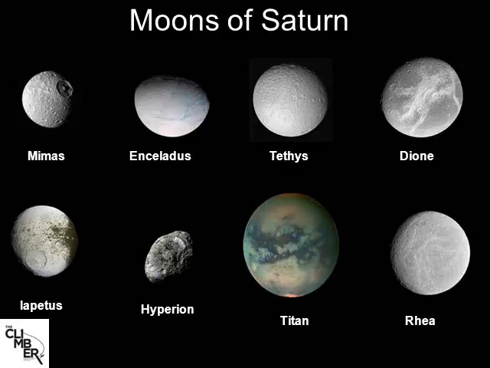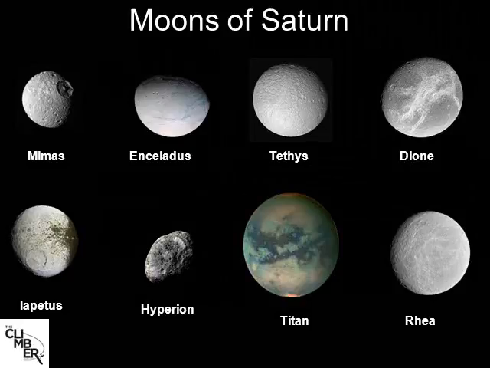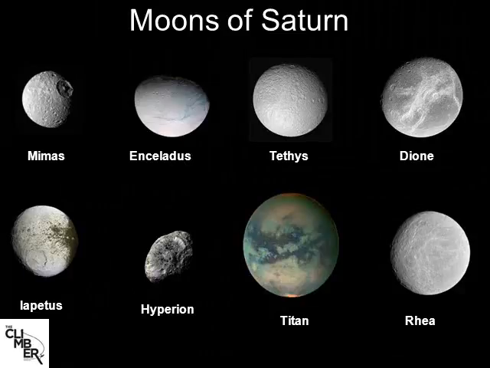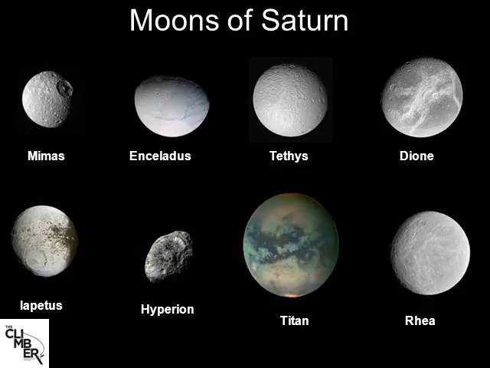It is also the only body in the solar system besides Earth with large bodies of liquid on its surface, in the form of methane-ethane lakes. Like Europa, Titan is also a leading contender for the discovery of life outside Earth in our solar system. Hyperion, Titan's immediate neighbor, is much smaller than even Mimas and is very irregularly shaped.